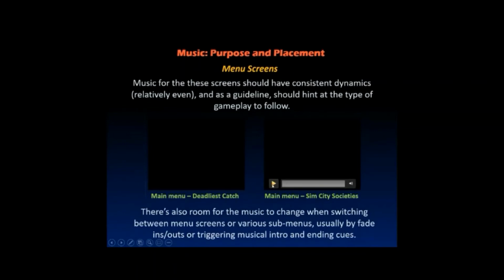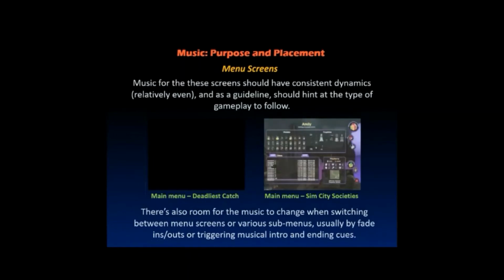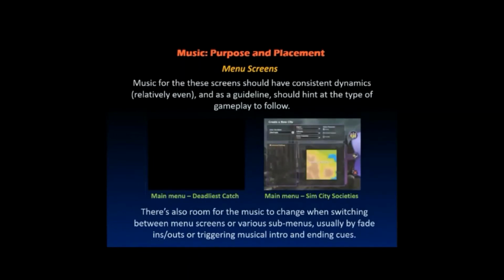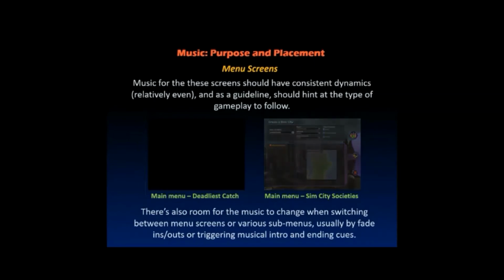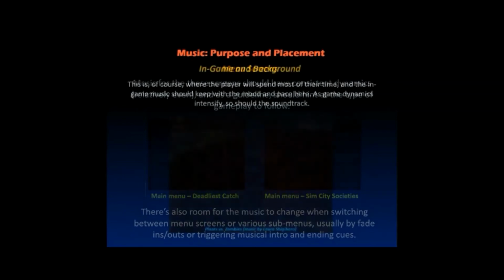And then for SimCity Societies, you may have something contemporary and funky and kind of jazzy all at once. That was the one I wrote that they liked the best in the focus group, so we went with that one, and that was a cool project too, SimCity Societies from EA.